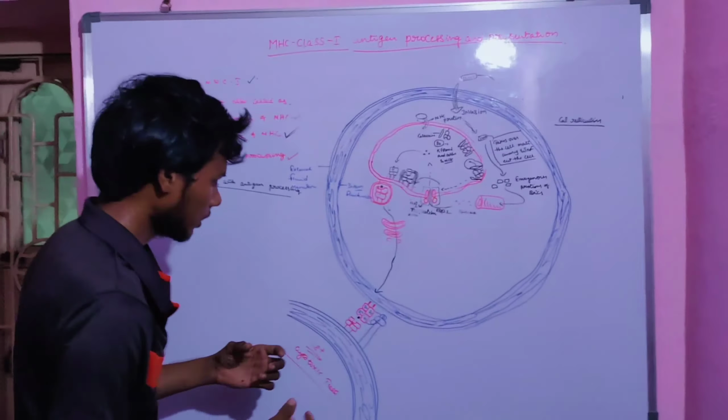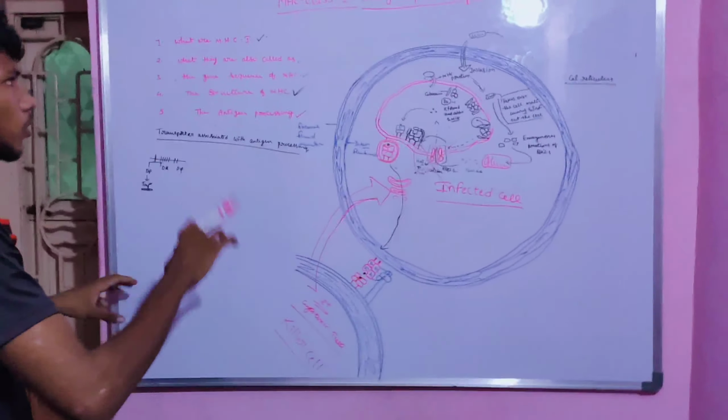This is the infected cell, and this is the killer cell. Okay, now the CD8 positive cell triggers and sends some interferons or cytokines, such types of chemicals which kill the infected cell. This is the process of antigen processing and presentation. Thank you for watching.